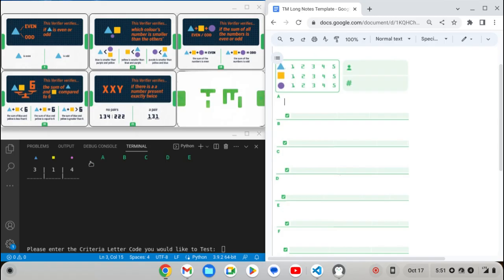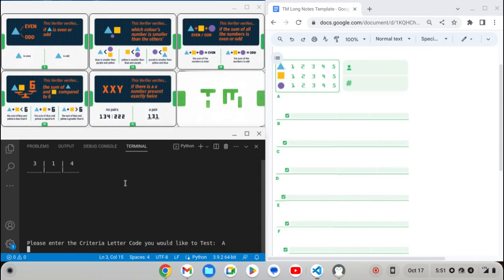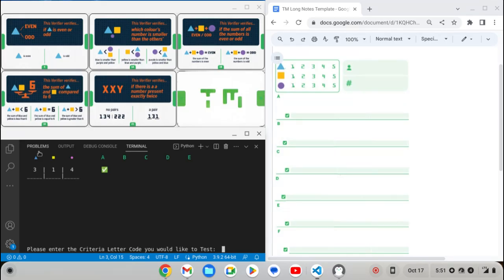And we're going to start off with an initial proposal of 314. So the first thing I think I'd like to test is criteria card A. Okay, so the Turing Machine does approve of my choice for triangle. I did choose an odd 3, so the Turing Machine confirms that yes, triangle should be an odd digit.